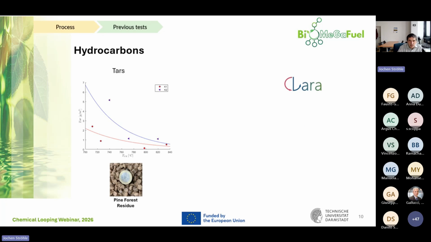Now, looking specifically at the hydrocarbons, we could see that tars could be significantly reduced by increasing the temperature in the system. This is a well-known issue, I would say, that we need at least a certain temperature to crack the tars and remove the tars.